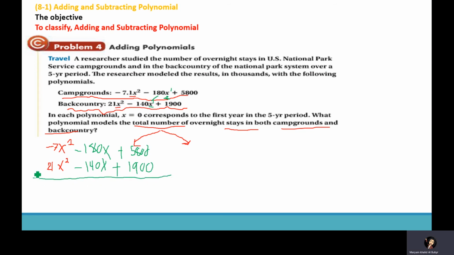Now add them. You can just add them easily. Negative 7.1 and 21, which equals 13.9. Drop your x to the power 2.